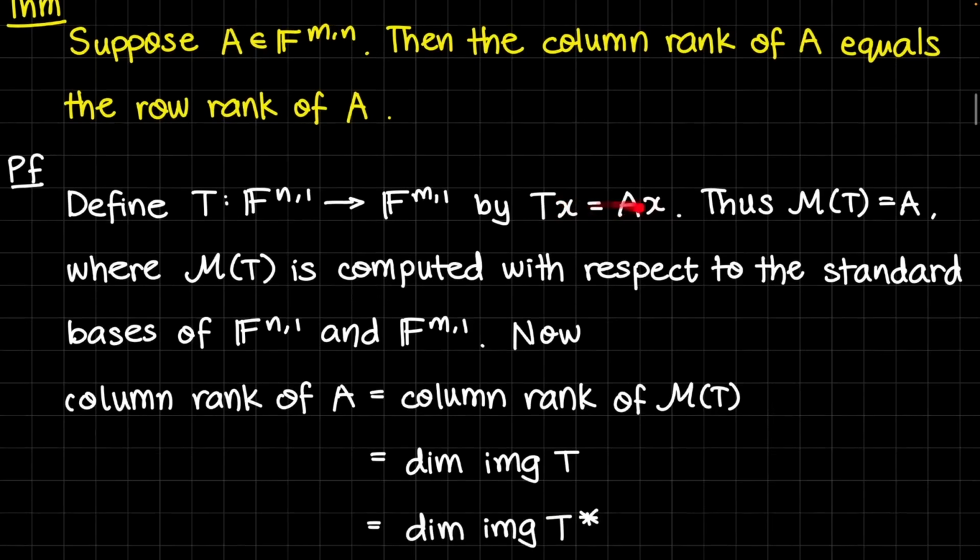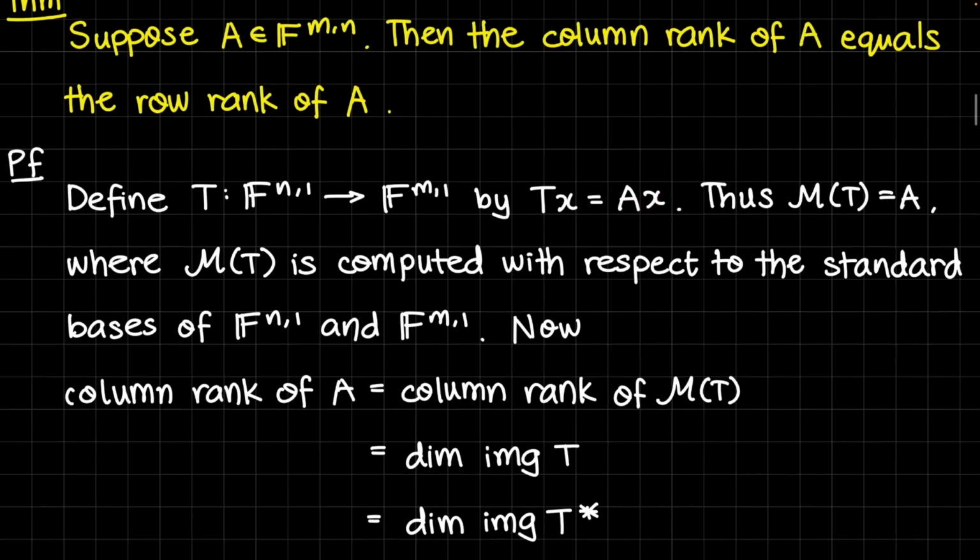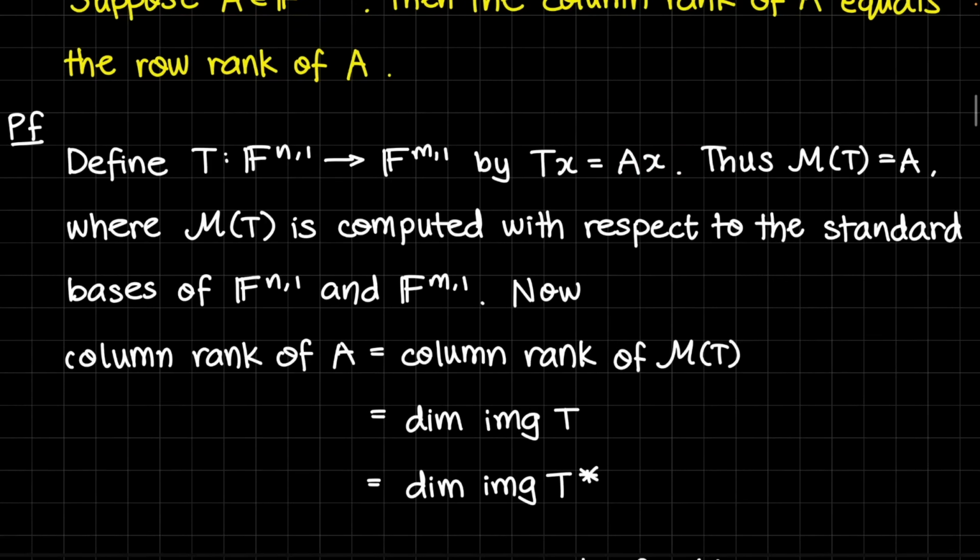And it's just this simple action that T acting on x, any element of F^n1, is just equal to the matrix multiplication of A on the column vector x. Then what we have is the column rank of A, but A is the matrix of T, equals the column rank of matrix T, simply because A equals matrix T.